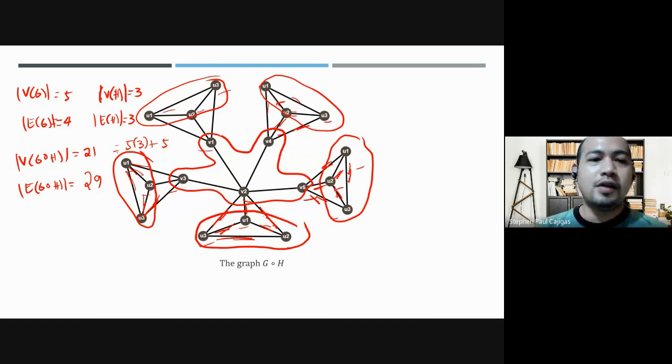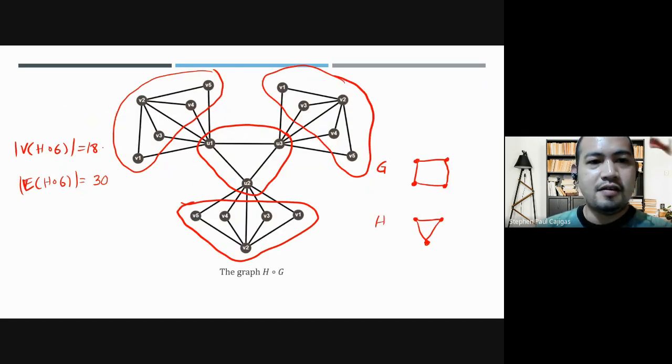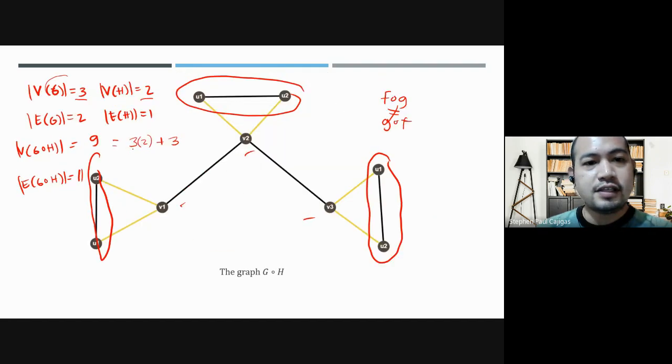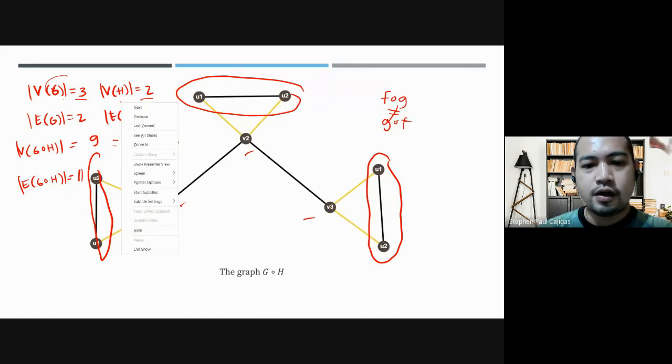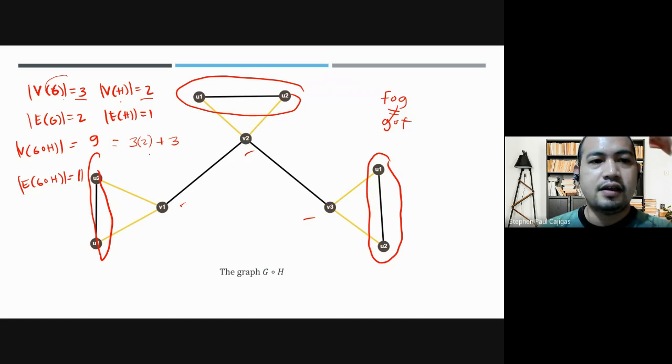If it is 20, then it fits our formula. This is 5 times 3 plus 3. Okay, so it fits. For the vertices, it's vertices of G times vertices of H plus the vertices of whichever comes first.